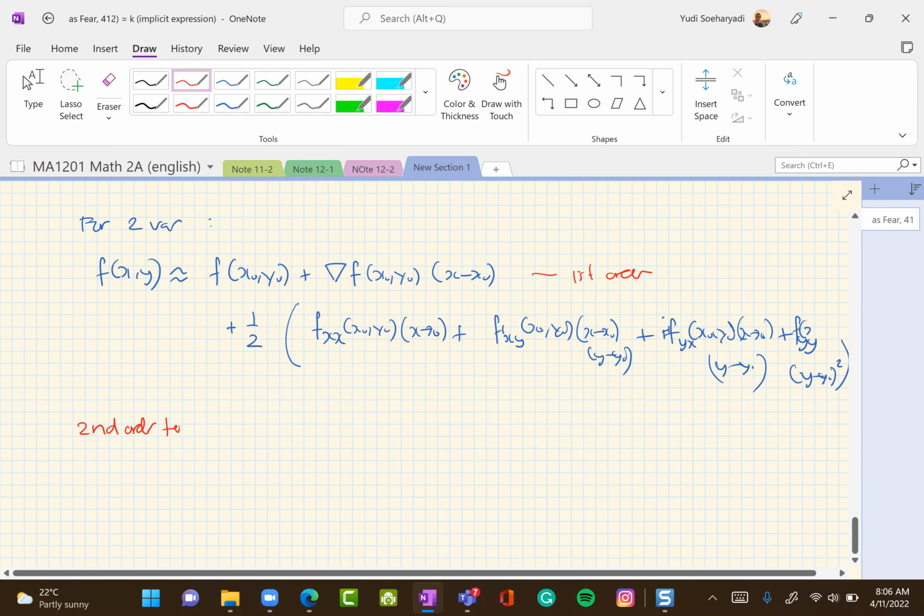Sorry, let's see. 1/2. Let me just rewrite this more neatly. It's x minus x0 squared, sorry, look at the square. And because these are actually the same, right? So we have two of them.